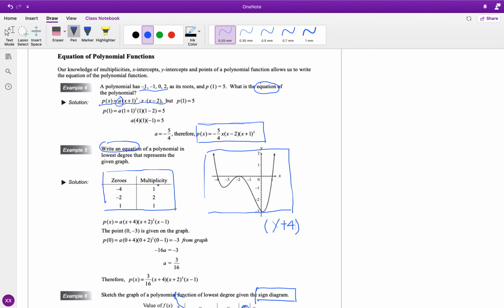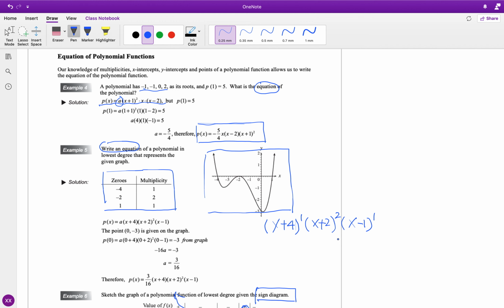And the multiplicity is 1. Oh, great, good. So that's 1 here. And then you have another 0, which is negative 2, so it's x plus 2, and here it says the multiplicity is 2. And the last one is 1, so x minus 1, and the multiplicity is 1.